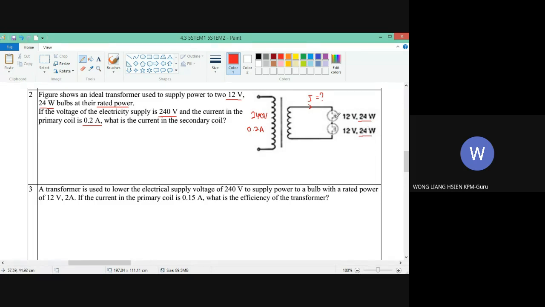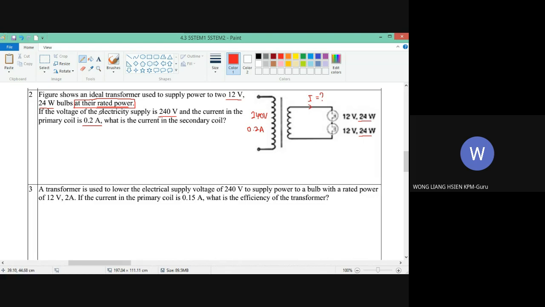They say that this bulb is 24 watt, right? 12 volt, 24 watt. And it says here that the ideal transformer is used to supply power to two 12 volt, 24 watt bulbs at their rated power. What does it mean by at their rated power?